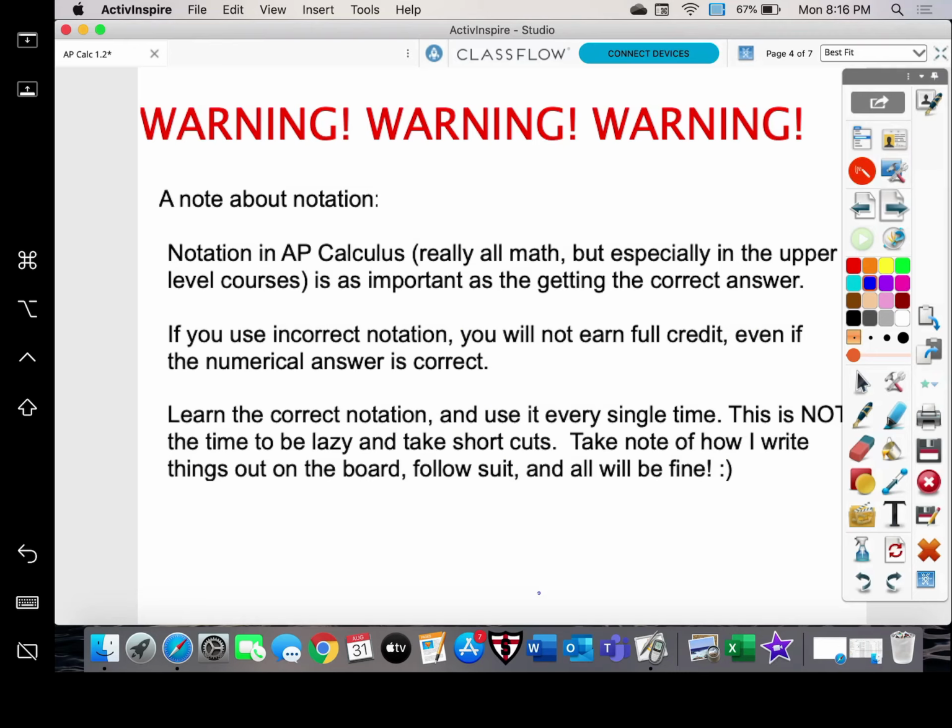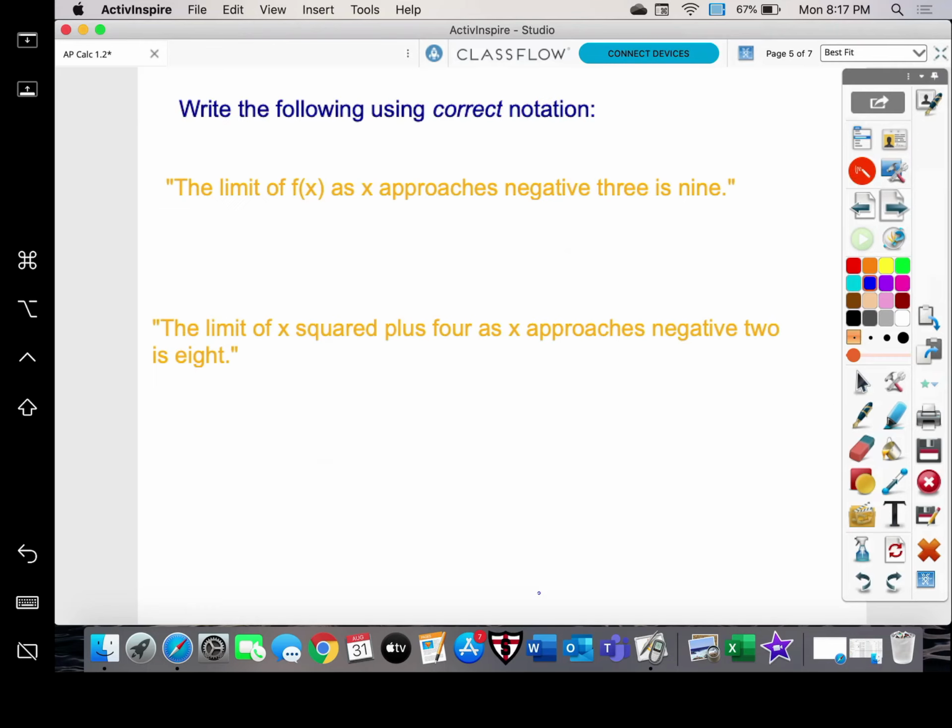If you use incorrect notation, even if you get the right answer, the notation is part of that, so you don't earn full credit with incorrect notation. Don't be lazy. You have to write the correct notation every single time. No laziness, no shortcuts. I write it how you need to write it, so take very good note of that.